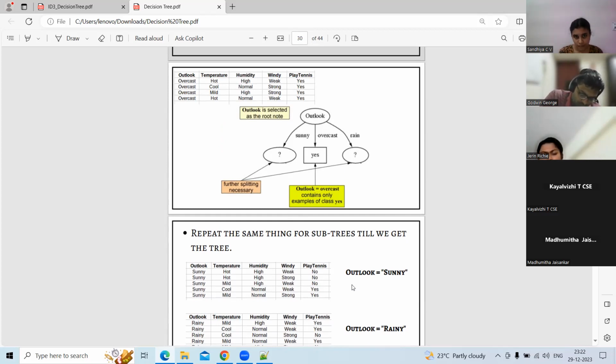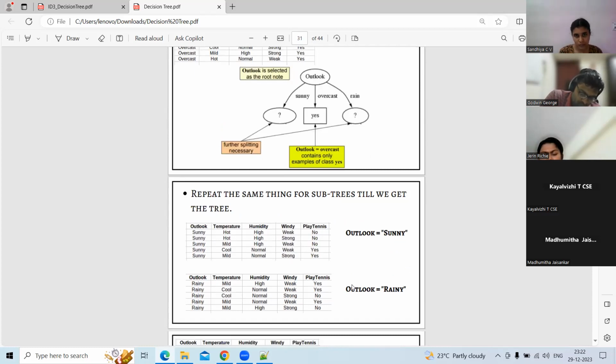I have just one value now for outlook, because once I'm in the sunny branch, I'm not going to get overcast or rain, right? When I try to split again by outlook, I just have one value, which is sunny. So if I were to do that, how would the distribution look post split? It will look the same, with 3 no's and 2 yes.